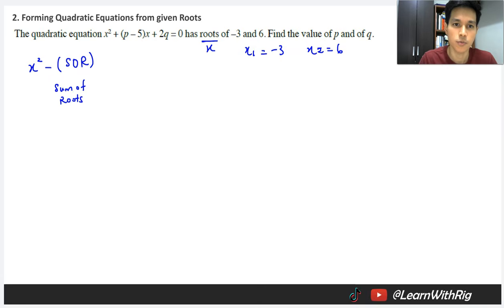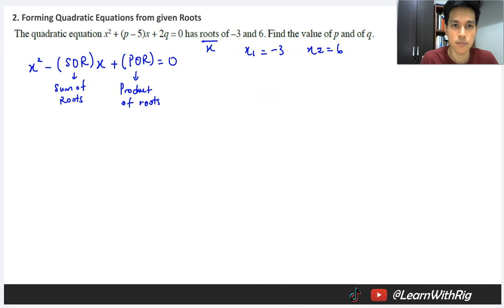I'm sorry, you haven't finished the equation yet. So it is SOR x plus POR. So what is POR? POR is the product of roots equals to 0.